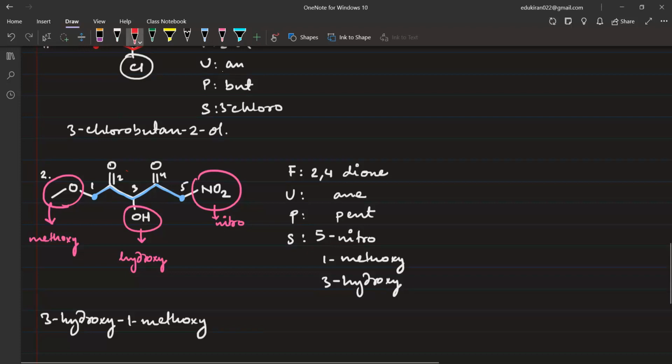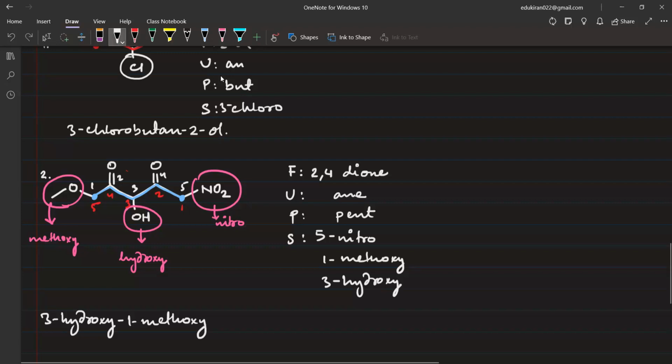I have to number the complete parent chain. So first you will number it, either this way or this way. Now you have to decide. Hydroxy is getting 3 whether you take the white numbering or the red numbering. So the deciding factor is not going to be hydroxy, right?